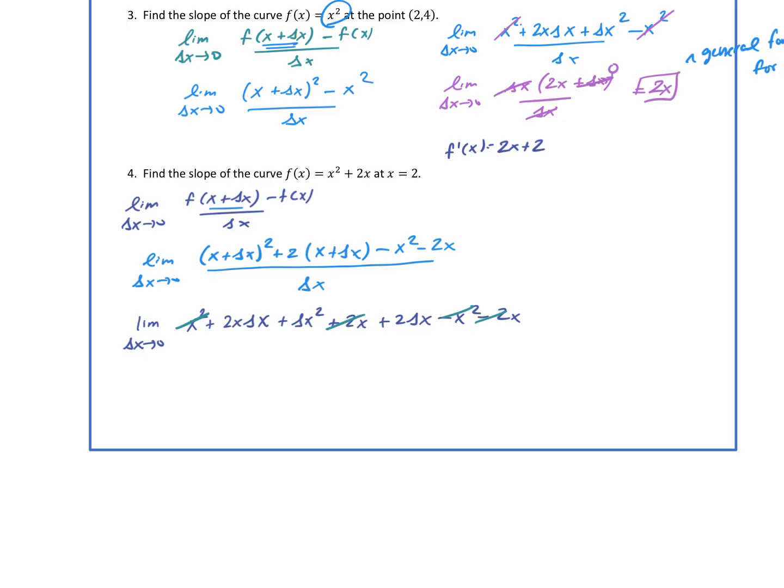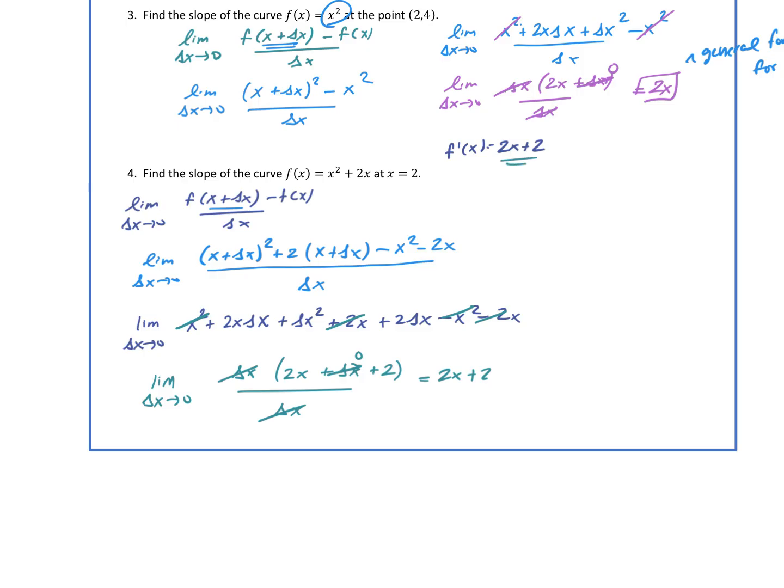I can take out a delta x. You get delta x times 2x plus delta x plus 2 over delta x. Cancel, cancel. This goes to 0. We get 2x plus 2, which is what we got when we did the shortcut.